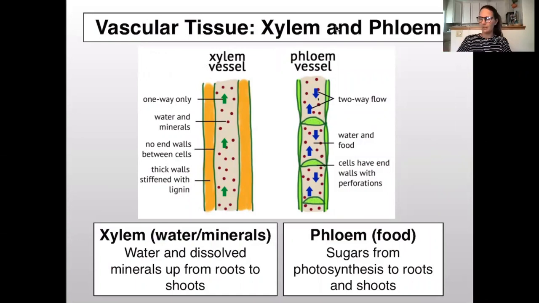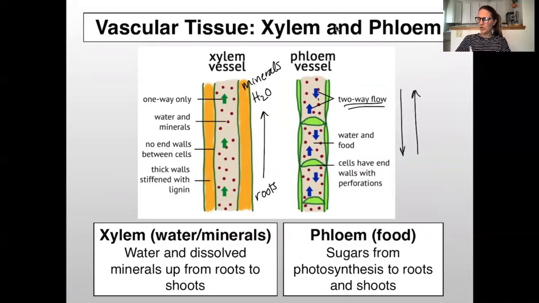We have the xylem, which is important for water and minerals, right? Water and minerals. And that goes from the roots up into the shoots. The phloem is a two-way path. It goes in both directions. And it can do water, but it also moves sugars or foods.